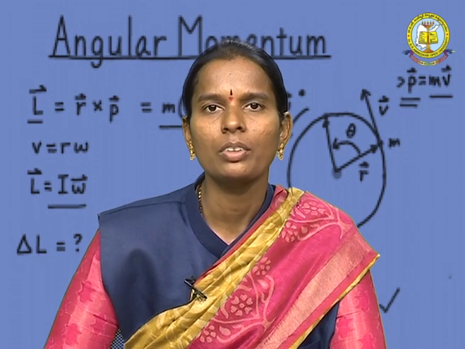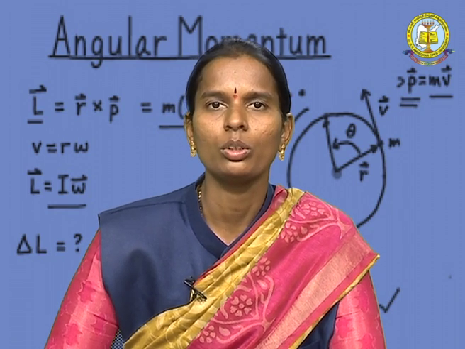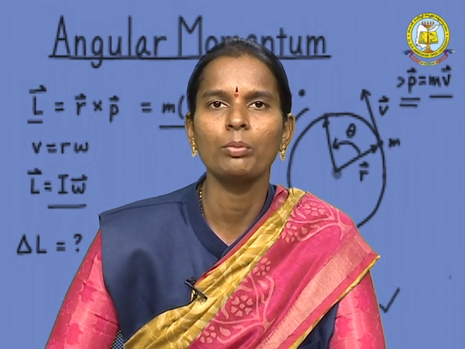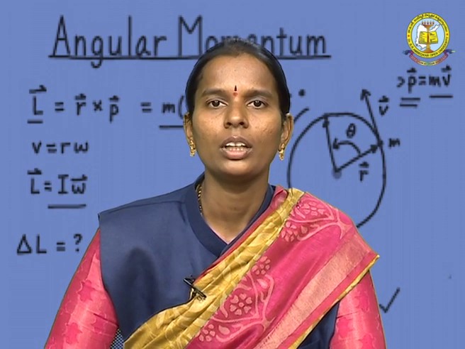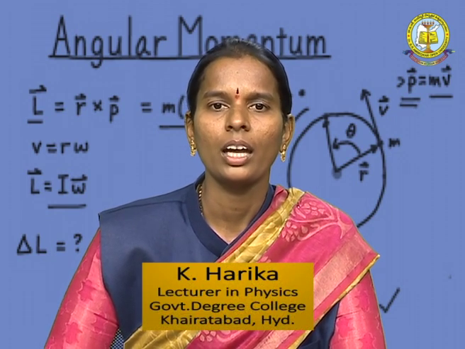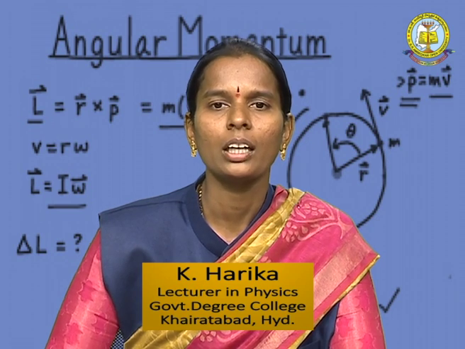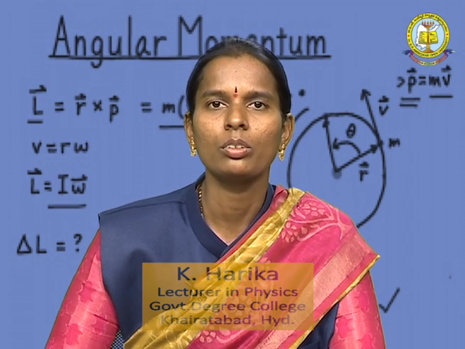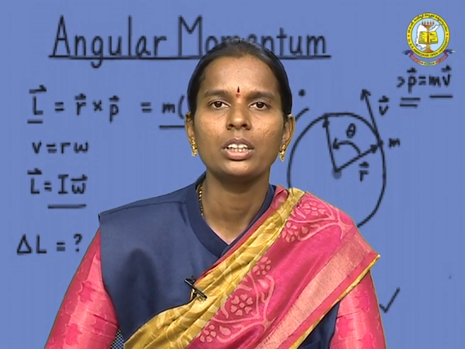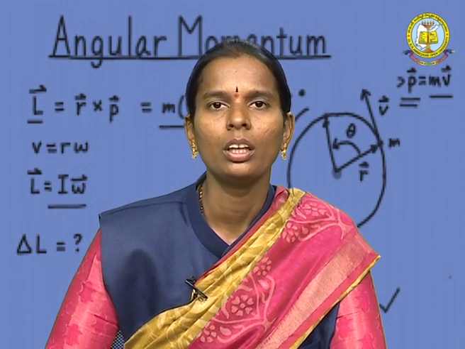So the rate of change of the angular momentum is equal to 0, that is the angular momentum remains constant. So that is the conservation of angular momentum. And the relation between torque and angular momentum: torque is equal to dL/dt. The rate of change of the angular momentum is equal to the torque.